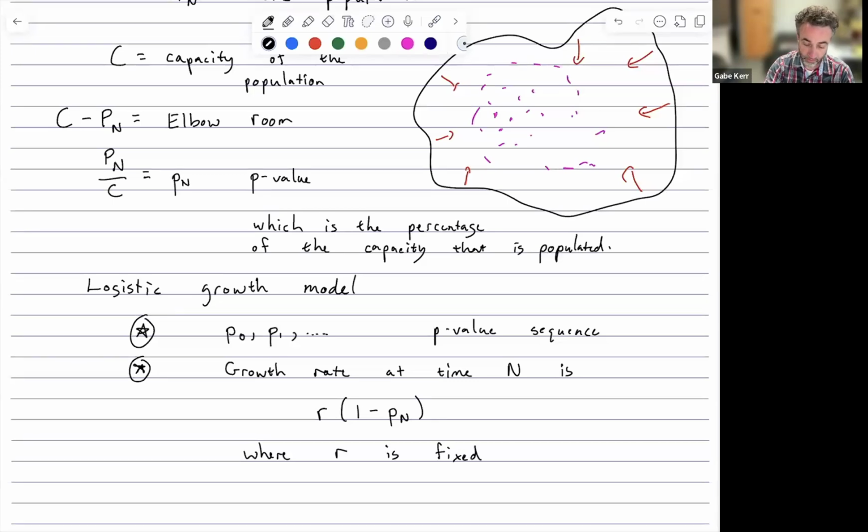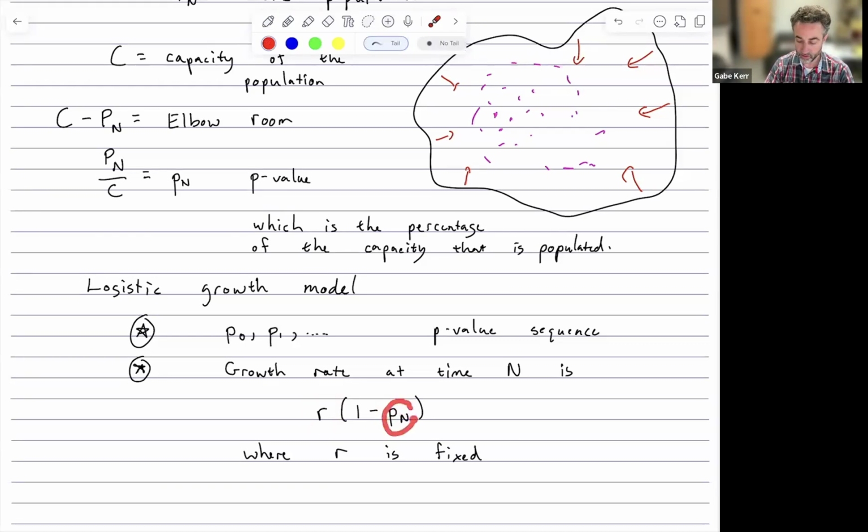Let's think about that for a moment, see if we can understand it. So r is some fixed number, maybe like 3 or 2. It's saying, in a situation where you have a very small population and a lot of room to run, you have an idealized rate.